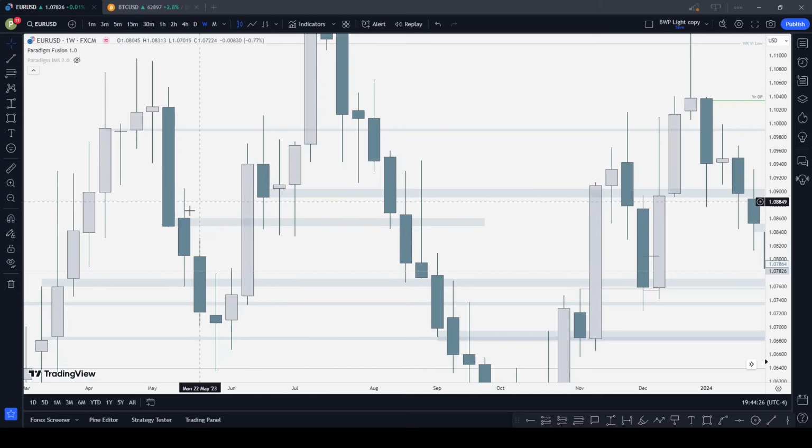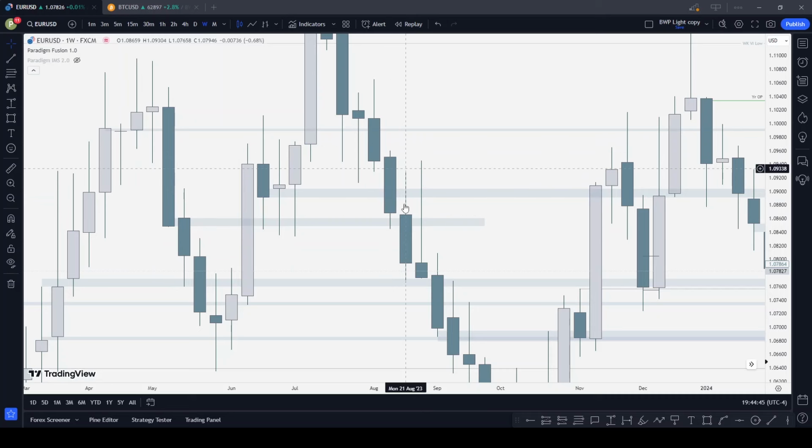Okay, and this is the first return, second return, third return, fourth return, and then we had a switch in state right here. Now, on this week you can see that this weekly candle opened above it and closed below.